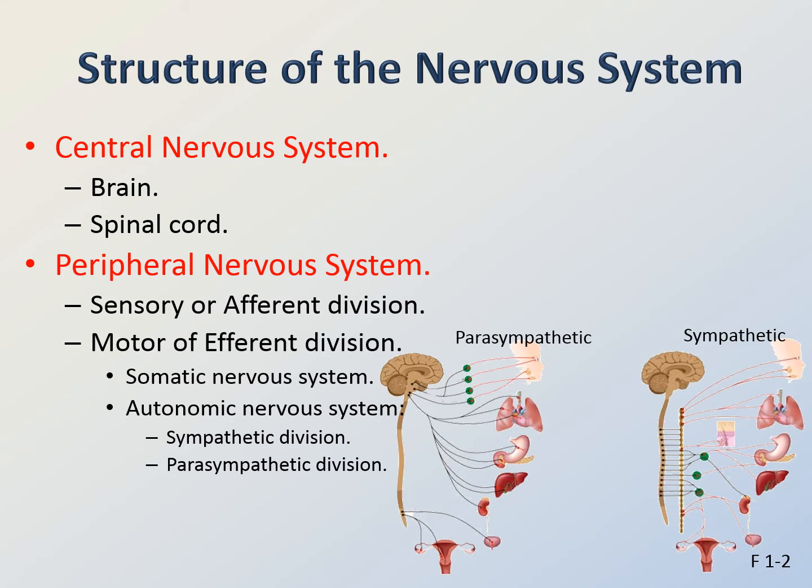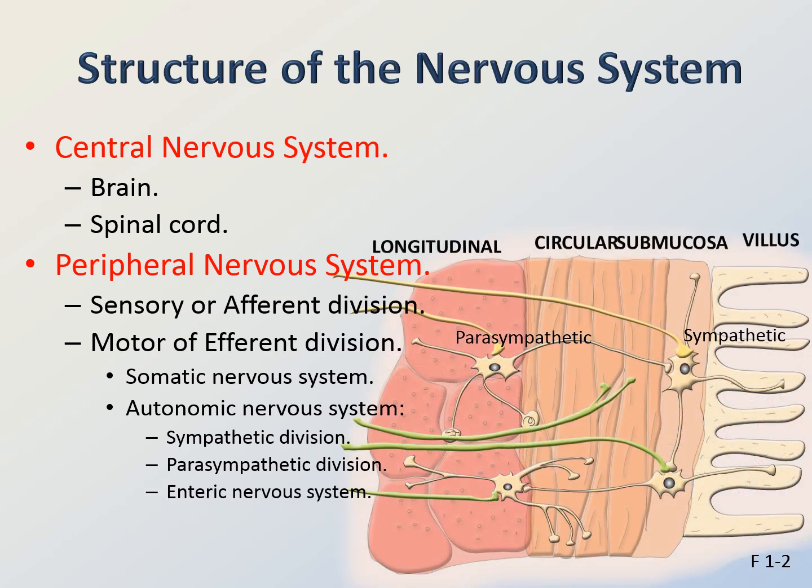The parasympathetic nervous system is responsible for promoting normal biological activities. Therefore, it is also called the rest and digest system. The last system, the enteric nervous system, controls gastrointestinal activities independent of the central nervous system.